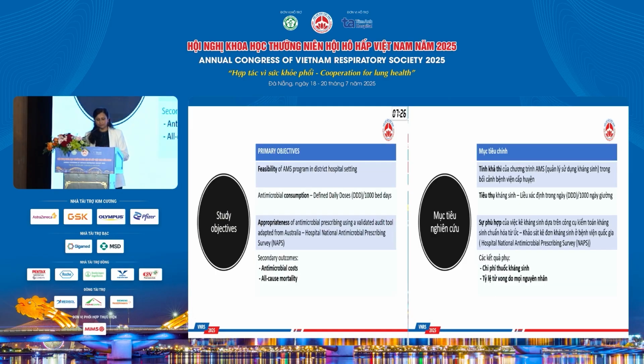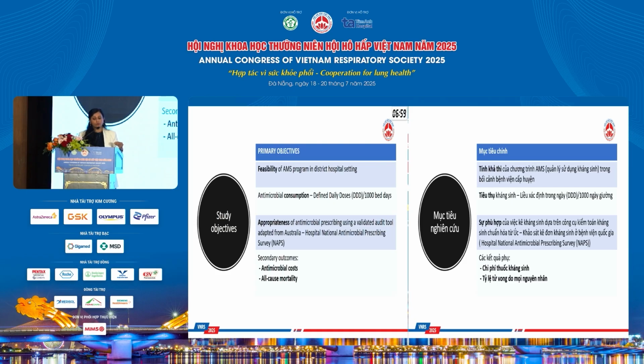in those facilities. The objectives, we wanted to see if an AMS program is feasible in a district hospital setting where the resources are lower. We wanted to check how antimicrobial consumption looks at this level, and what are the changes before and after the intervention. The appropriateness of prescribing using a validated audit tool.